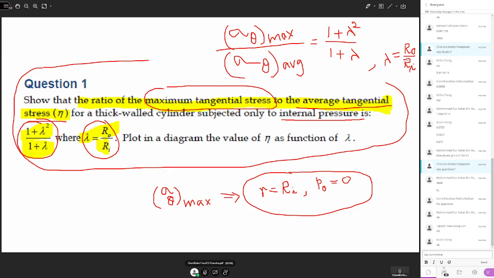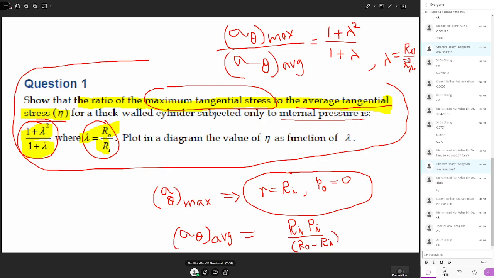Sigma theta average is nothing but the inner radius multiplied by the inner pressure, Ri Pi, over the thickness. The thickness is Ro minus Ri, the outer radius minus the inner radius.